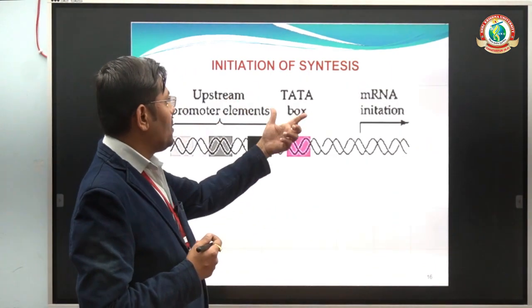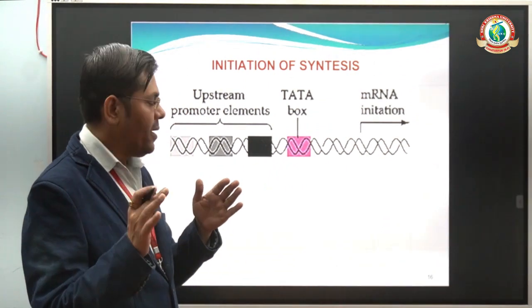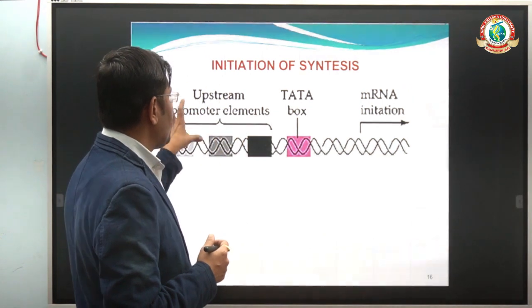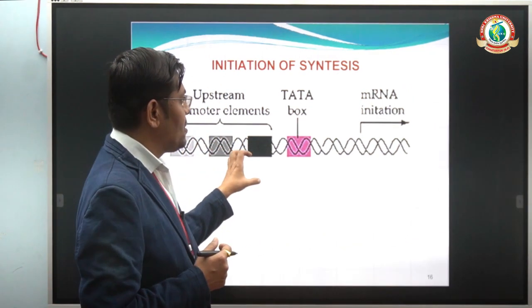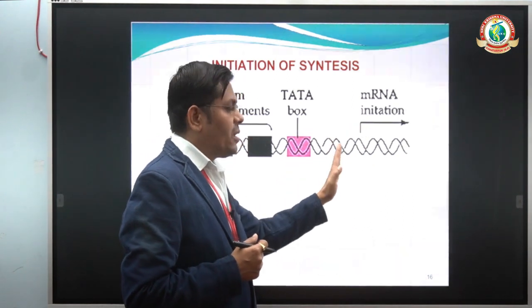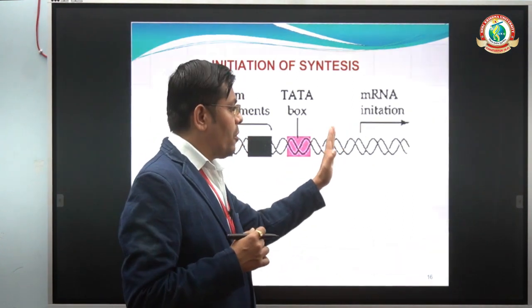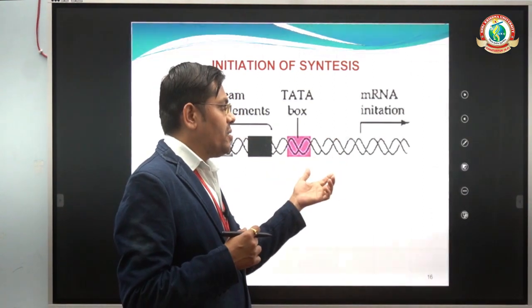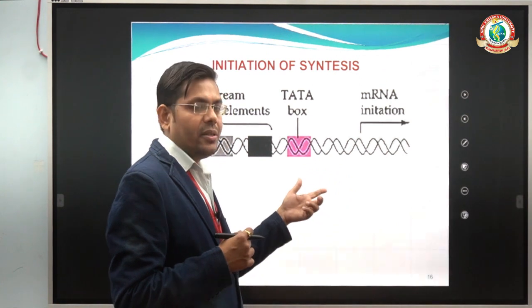So this is the structure of the promoter of a DNA or gene, in which the first part is the upstream promoter element and the TATA box. Then it is the point after the TATA box or -10 box from where the initiation of messenger RNA polymerization or transcription initiation takes place.